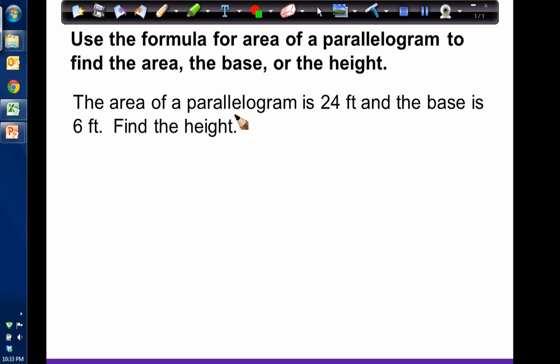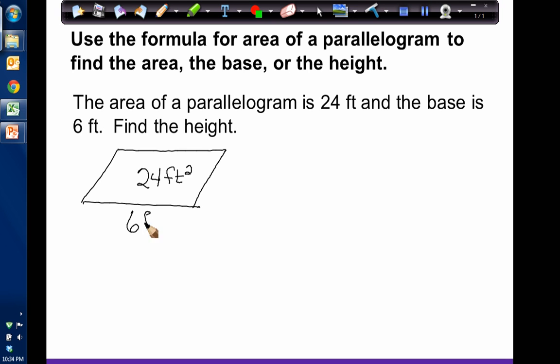The area of a parallelogram is 24 square feet, and the base is 6 feet. Find the height. So we have a parallelogram. The area is 24 square feet, and the base is 6 feet. And we want to know, what is the height?